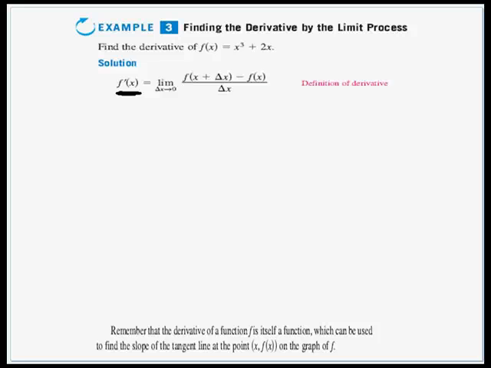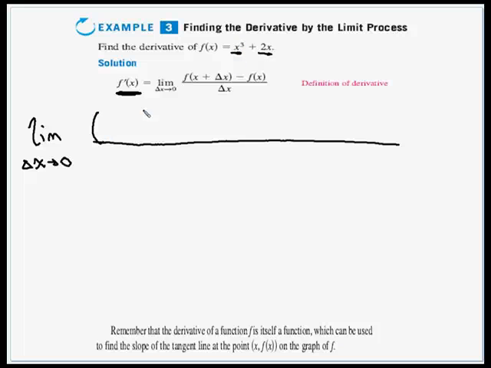So let's get ready. There's going to be a lot of algebra work going on in this problem. We want the limit as delta x approaches 0, and we're going to have our difference quotient. Let's look at our function up here: x to the third plus 2x. So something to the third plus 2 times something.